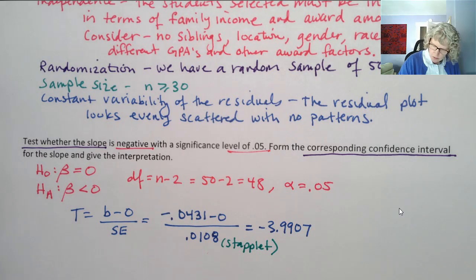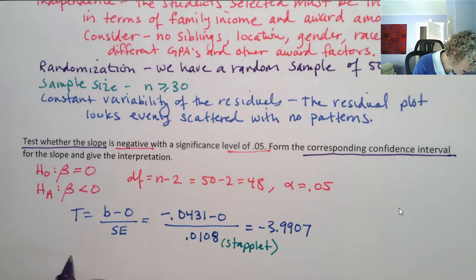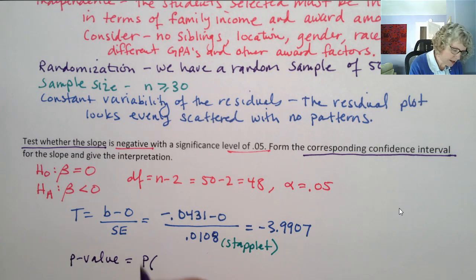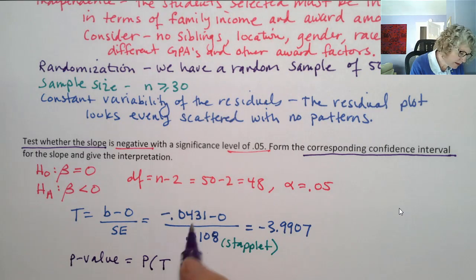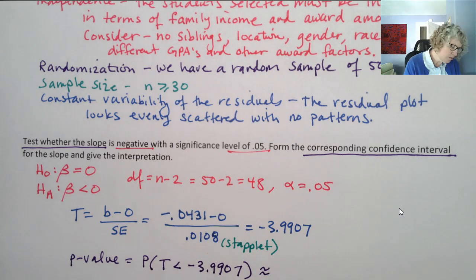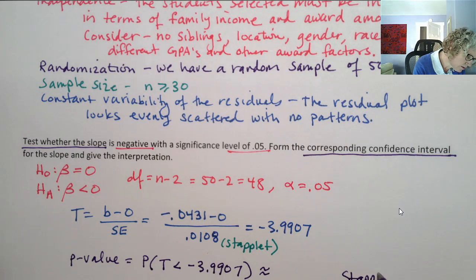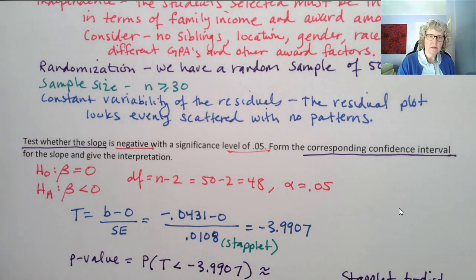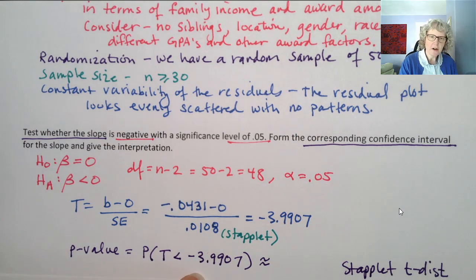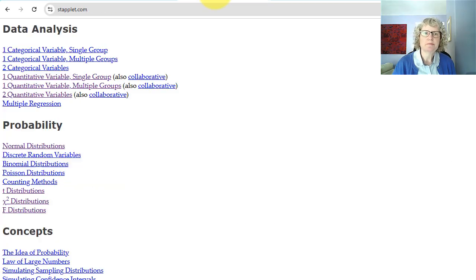So the p-value, let me switch colors here. The p-value is the probability that the test statistic is less than negative 3.9907. I'll do approximately equal, and so we're using Statplet t-distribution for this. Okay, now this is almost 4, so I bet you know this is going to be very small. Let's check it out.